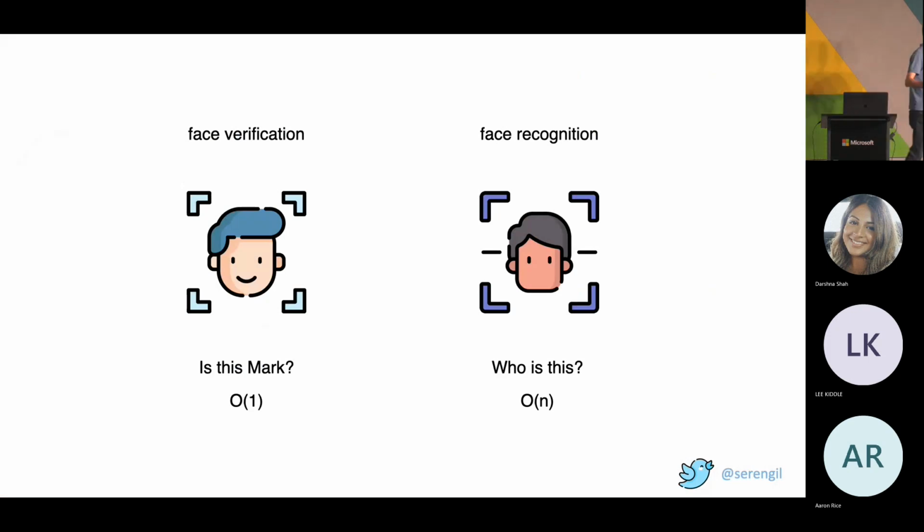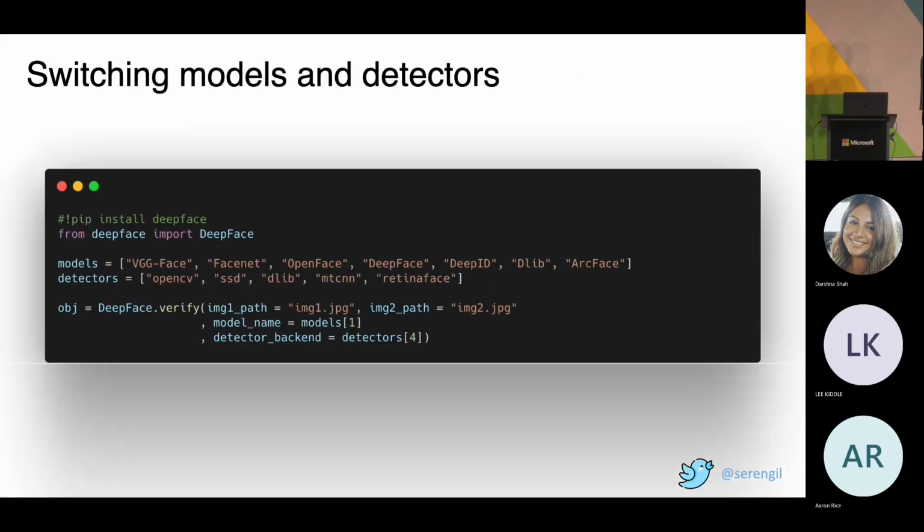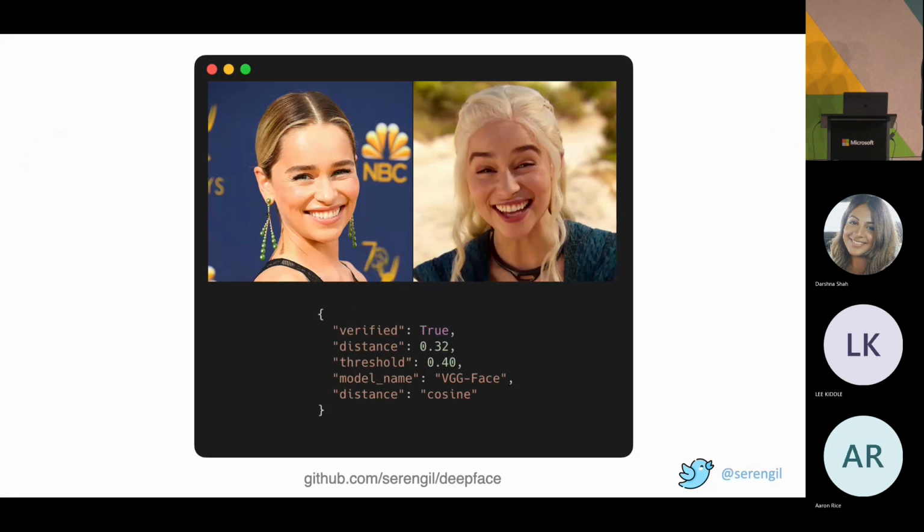We always said facial recognition, but this task is verifying a face pair. It's actually verification, but the confusion comes from the research in this field; researchers in this field call this task facial recognition, but actually it's face verification. You feed a face pair and it returns true or false.